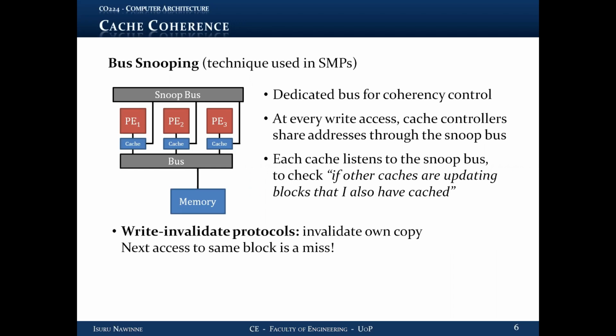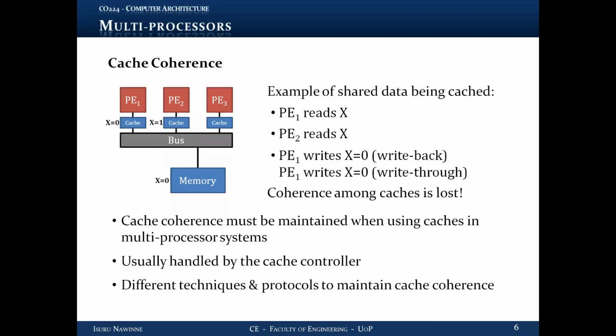We can use the same valid bit to mark a block as invalid when a different processor performs a write to the same address. When we mark the block as invalid, the next access to the same block is going to be a miss, right?